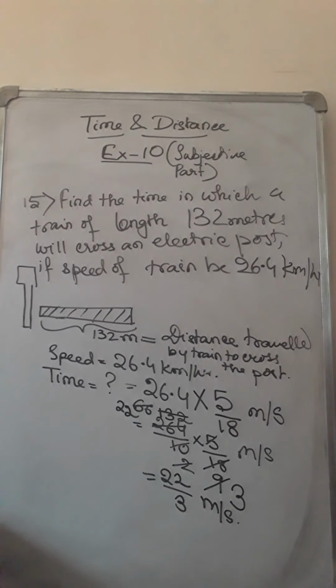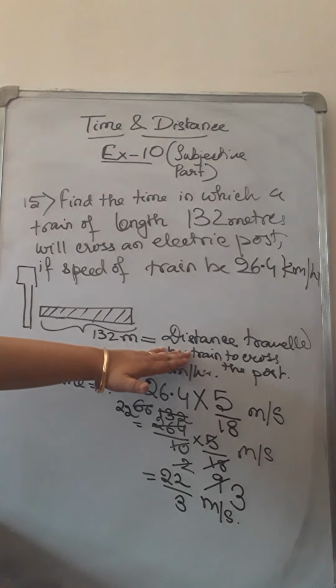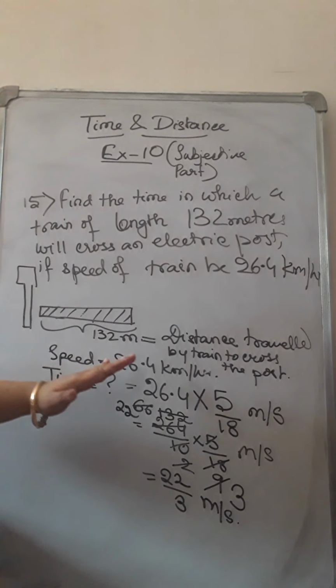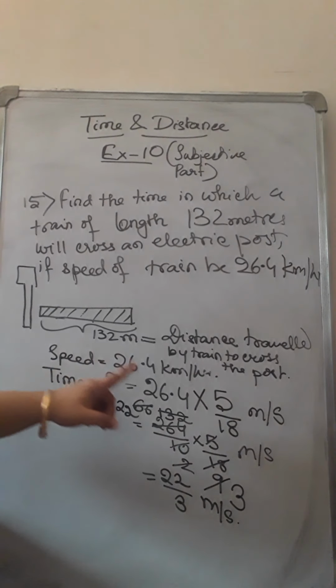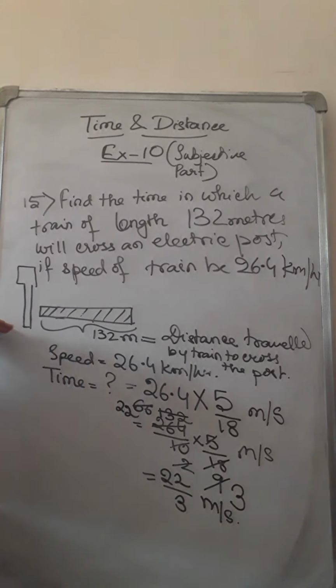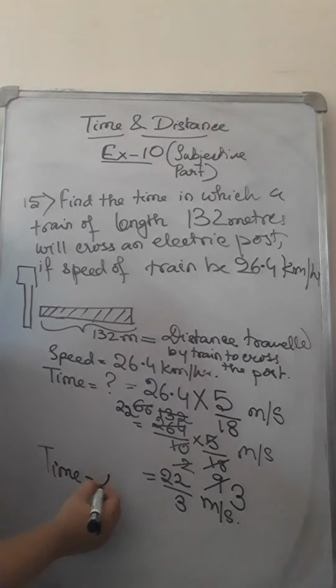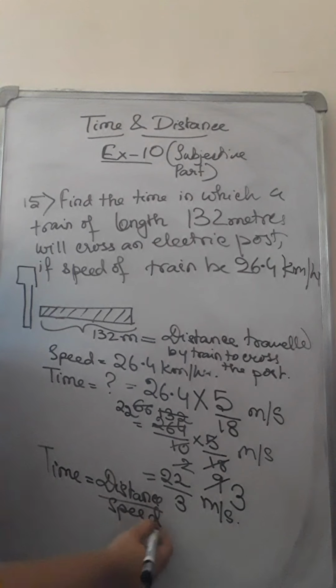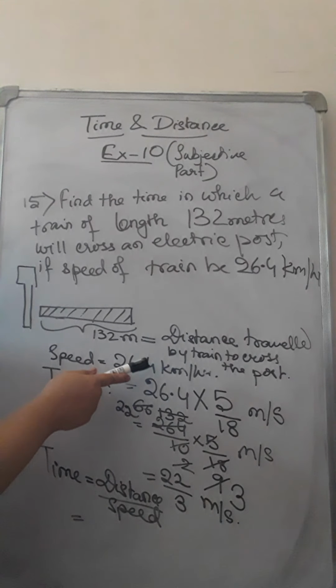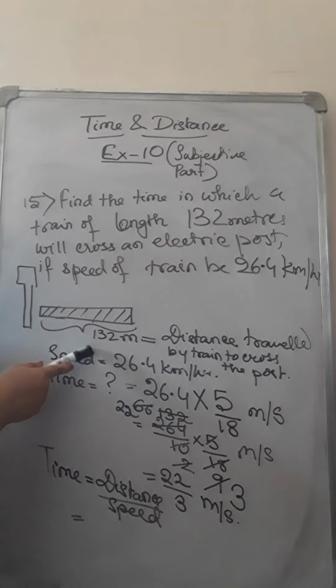So what I know is the distance covered by the train to cross the post. I know the speed with which the train was travelling and it crossed the post. I need to find the total time taken to cross the post. So how to find time? Time equals distance by speed. So distance, how much it travelled, equals the length of the train. Why?